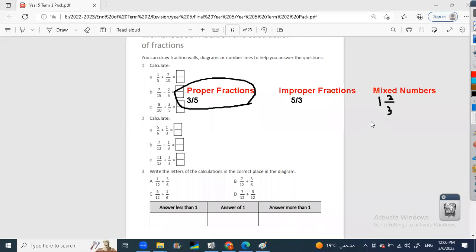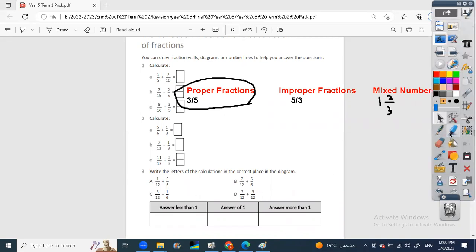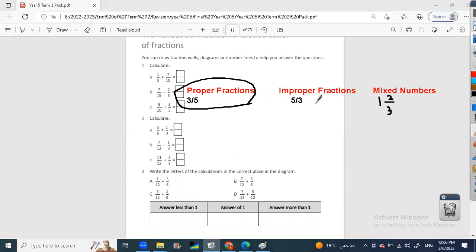All right, so we agreed right now that any proper fraction is going to be less than 1. Any improper fraction or mixed number is going to be more than 1. So if the answer at the end of this calculation is an improper fraction or a mixed number, then it is definitely more than 1. If the answer is a proper fraction, then it is going to be less than 1.